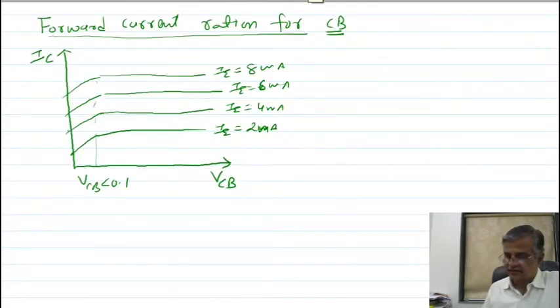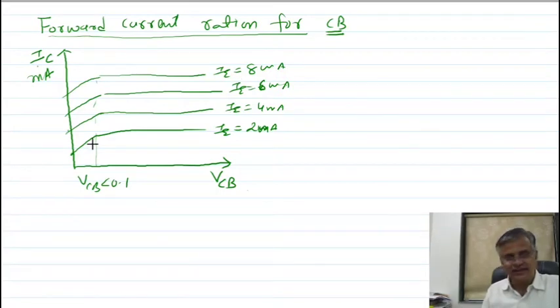Now I want to discuss the forward current ratio. The graph of output collector current versus collector base voltage for different values of the emitter input current is shown in the figure.